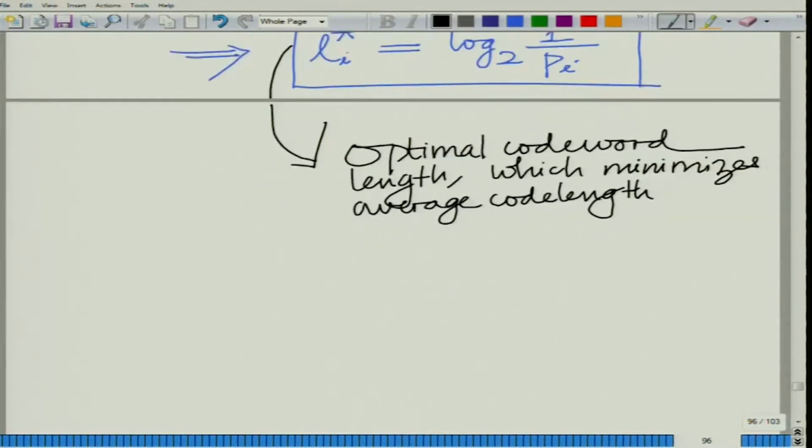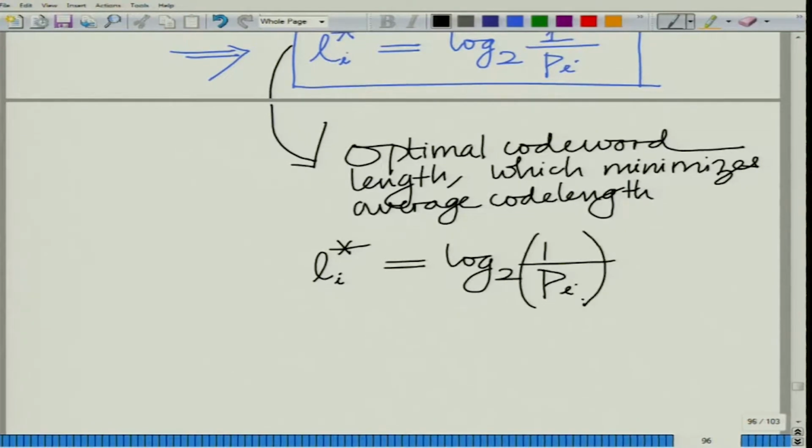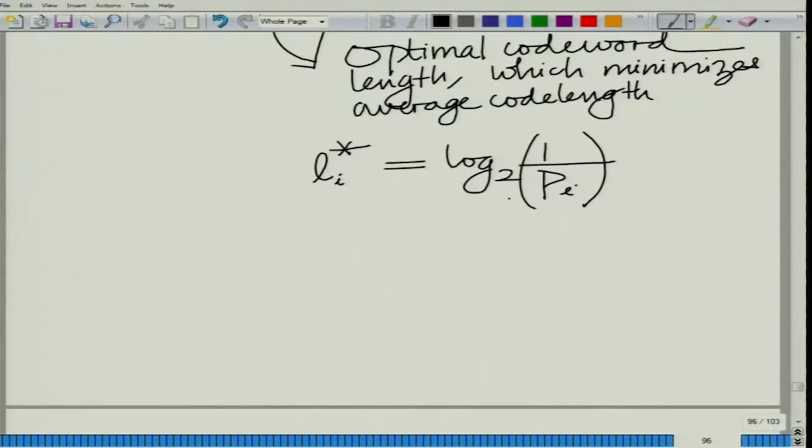And observe that li star equals log to the base 2 of 1 over pi, this is inversely proportional, look at this.